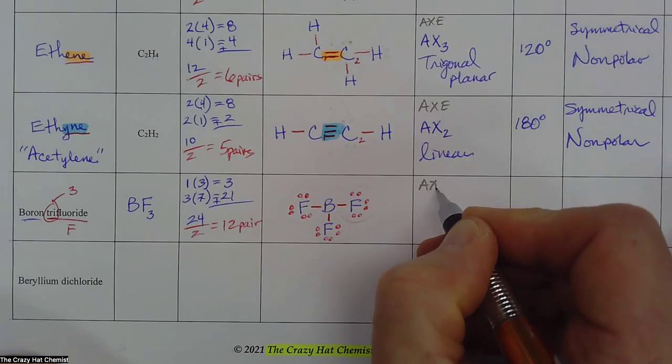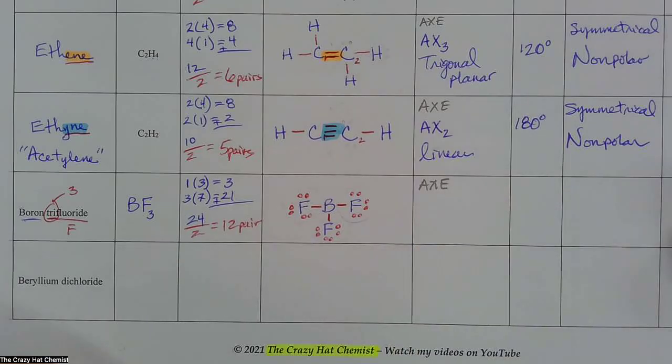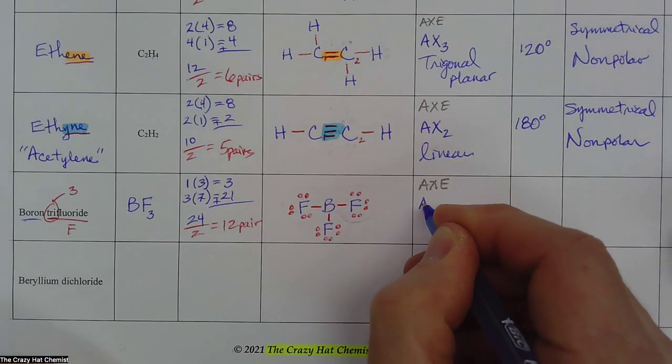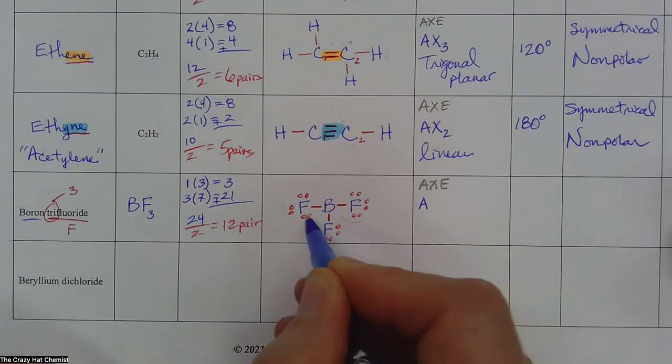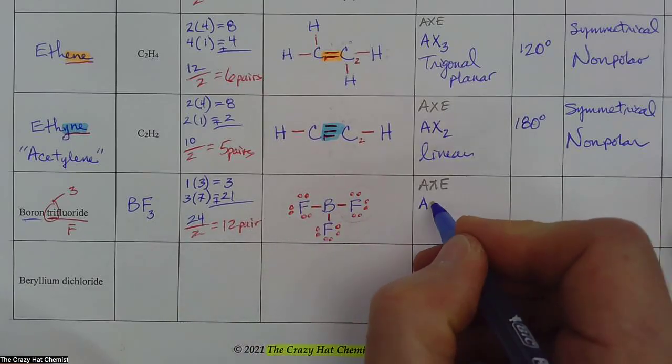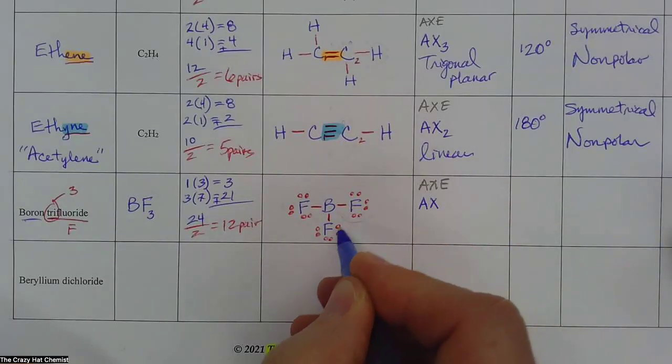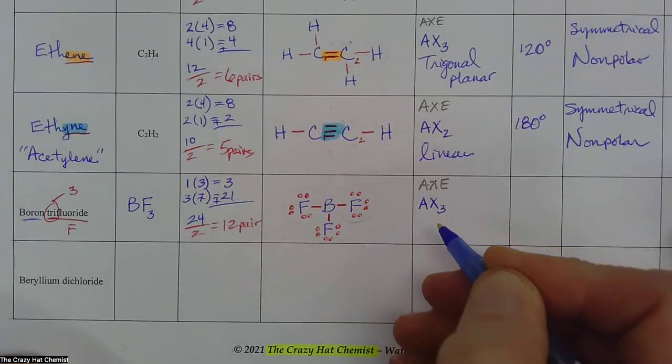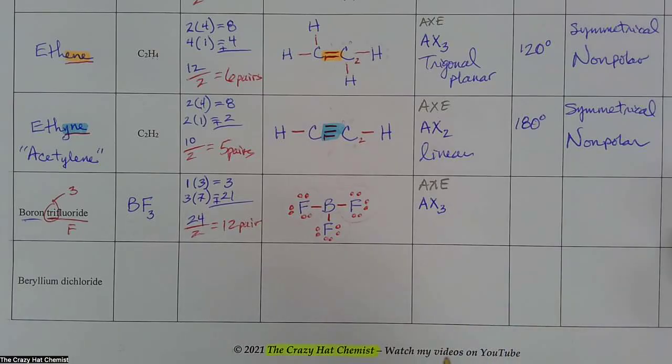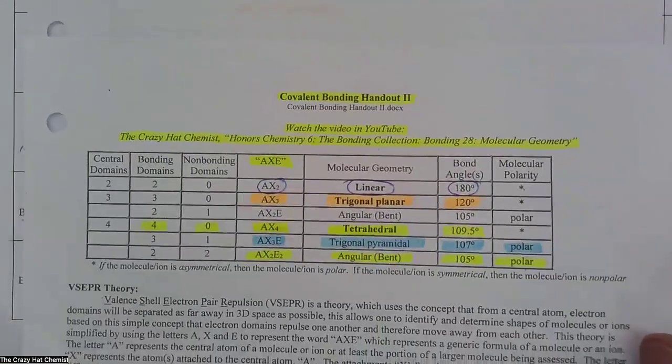So AXE, that's what we want to get. The A is the central boron, and the X's are the atoms that are physically attached to it. There are 1, 2, 3 X's. So I have AX3. I'm going to look on my sheet of paper and find AX3. And here we go.